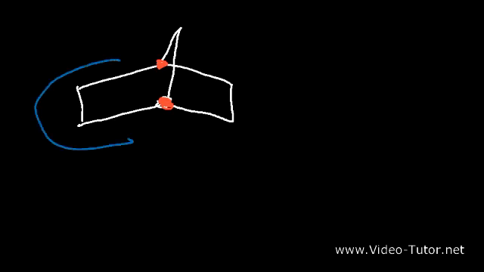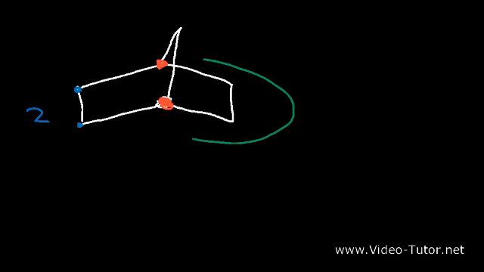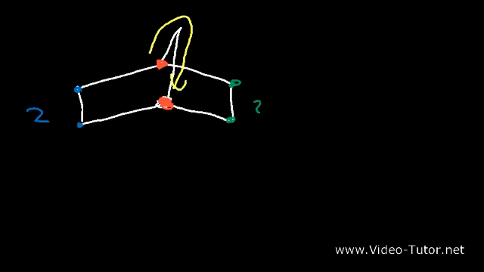Now how many carbons are between the bridgehead carbons on the left side? Notice that we only have 2. On the right side, there's only 2 carbons here. And on top, between the 2 bridgehead carbons, there's only 1.